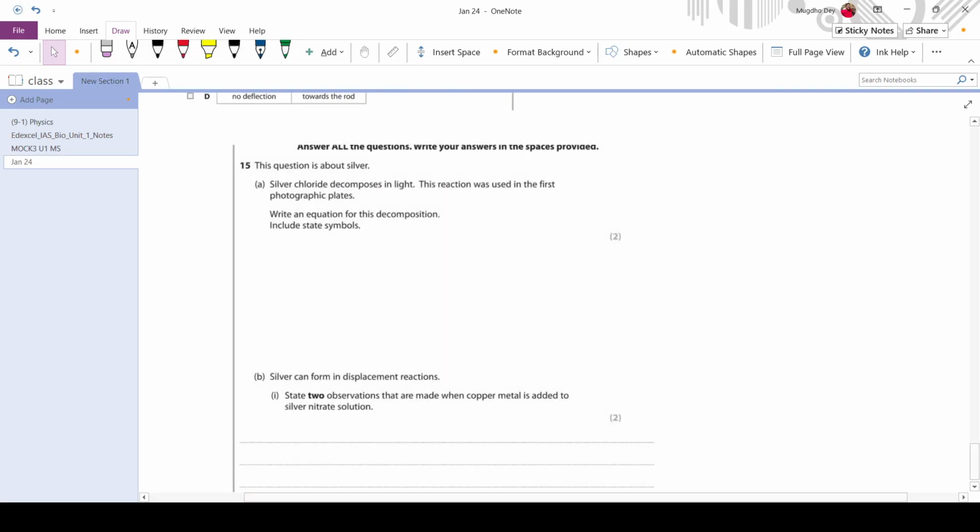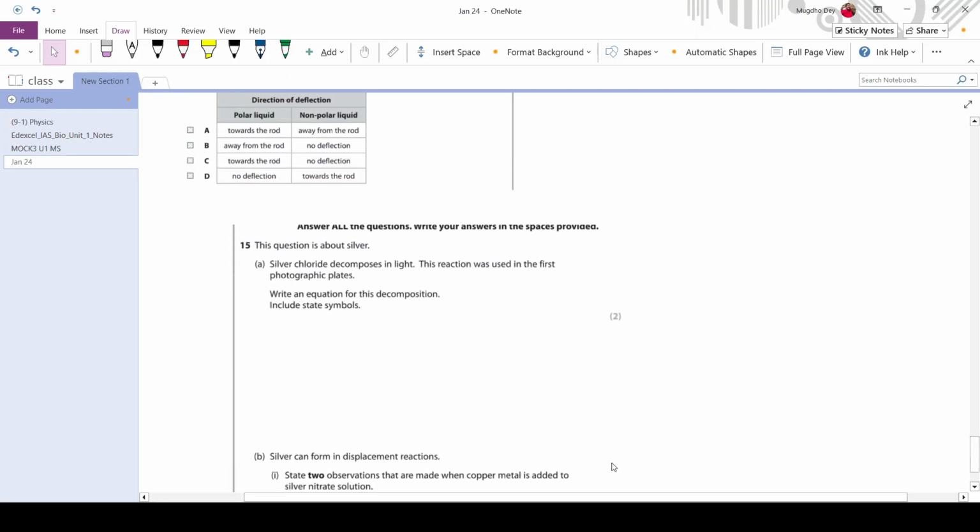This is 15, I believe. C3. There is no C3. There is C2. Mohideen, did you make a mistake? There is no C3 of 15. Is it C2? Please tell me.